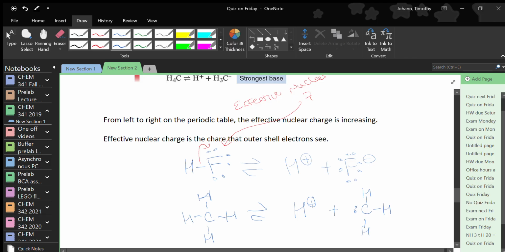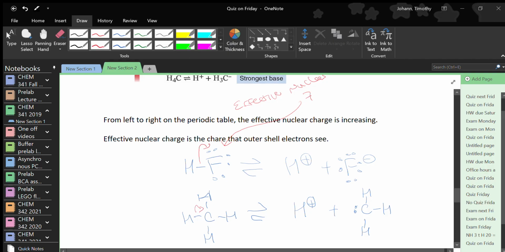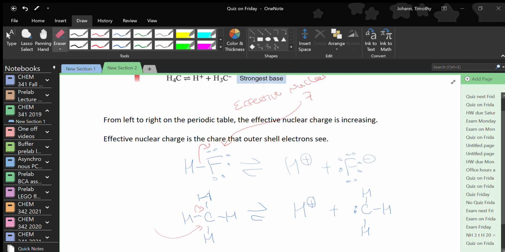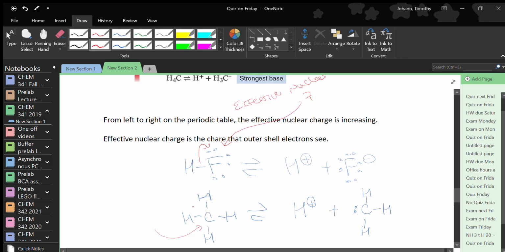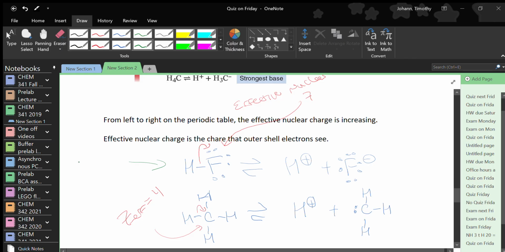And this is far, far more likely than for this to happen, because the effective nuclear charge, I'll use the Z effective here, is 4. Just count over from the left. So this is much more acidic.